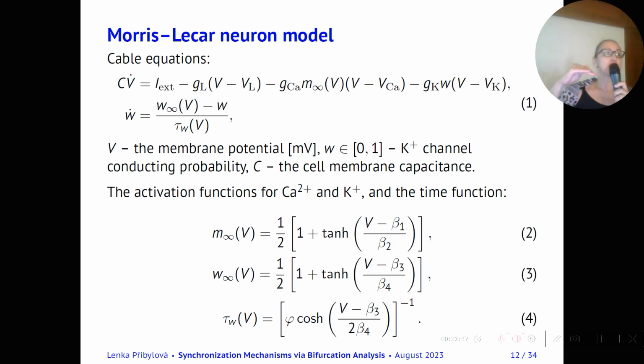And the easiest model here has the first equation, the easiest way to write it this way, and another state variable W, and this is some probability that the channels of potassium are opened.